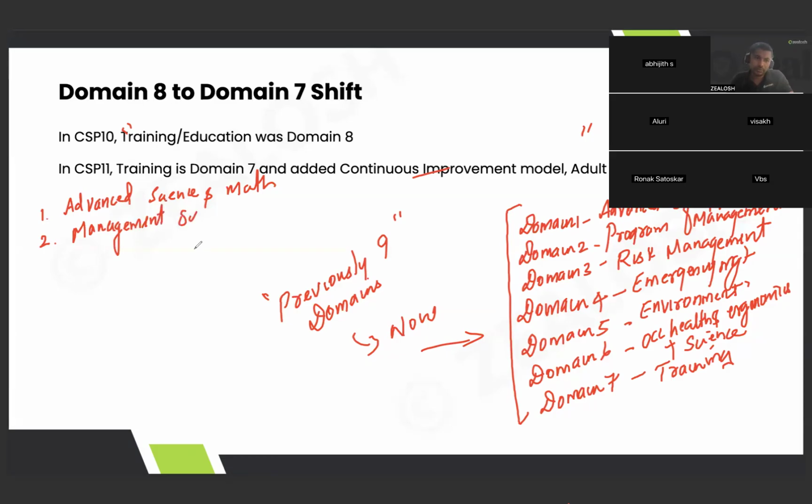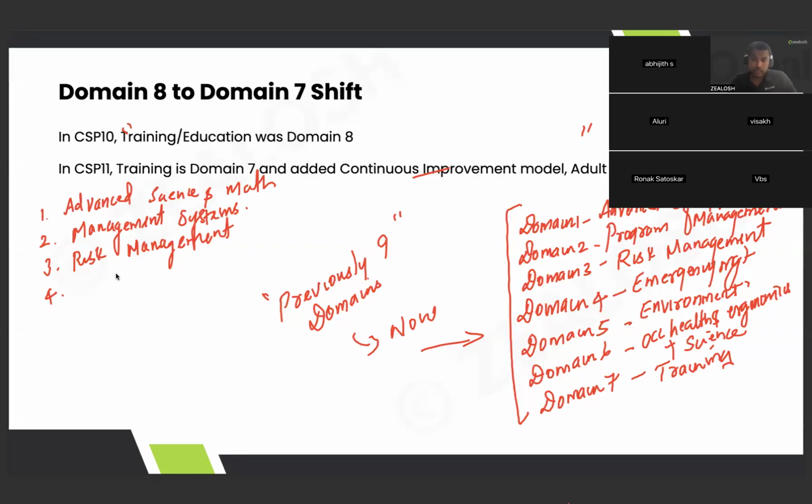Management systems. Domain number 3, risk management. Domain number 4. Write it, write it. You know that, right?